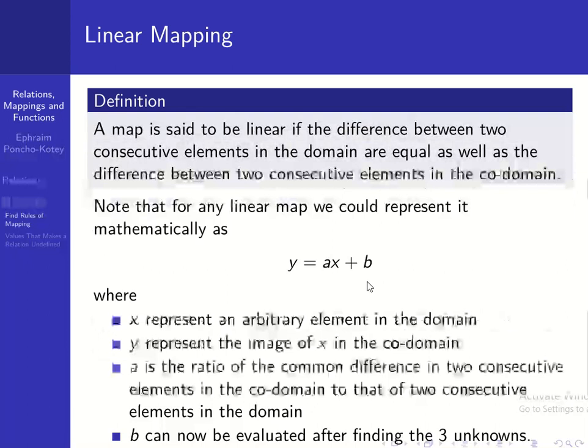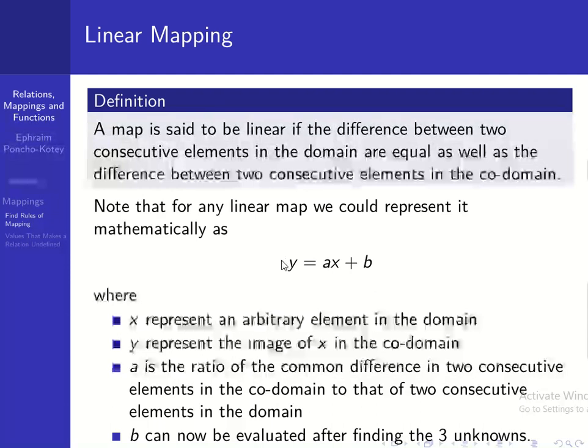Let's look at the rules for mapping. The first one we consider is linear map. A map is said to be linear if the differences between two consecutive elements in the domain are equal, and the differences between two consecutive elements in the codomain are also equal.